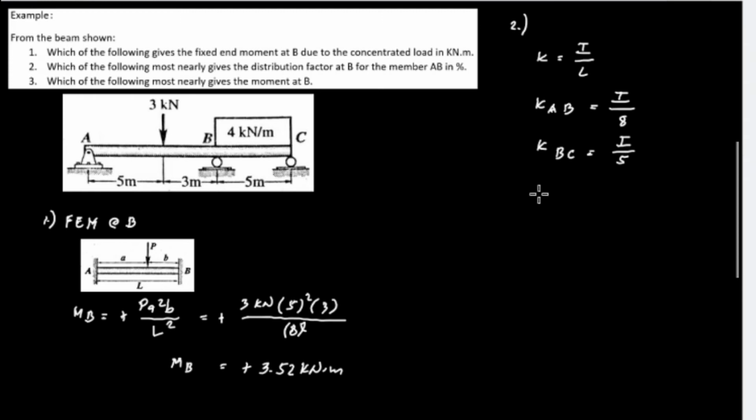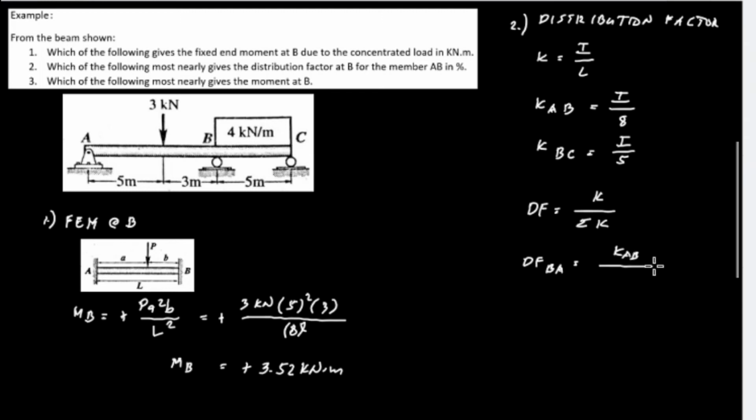To find the distribution factor, DF is equal to K all over the summation of all K's. DFBA is equal to K of AB all over K of AB plus K of BC.